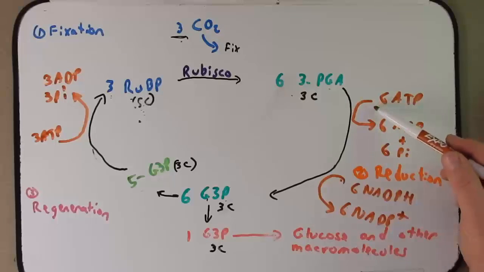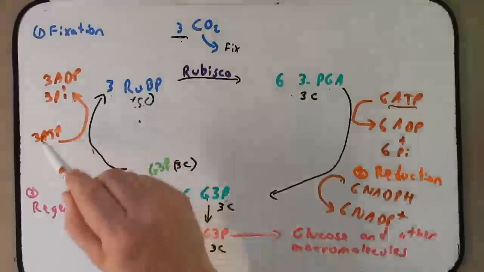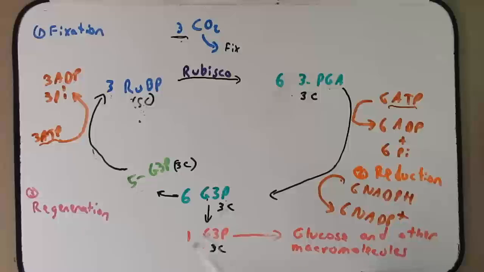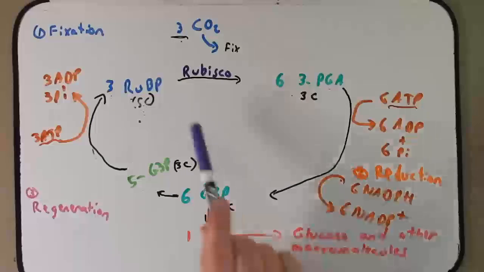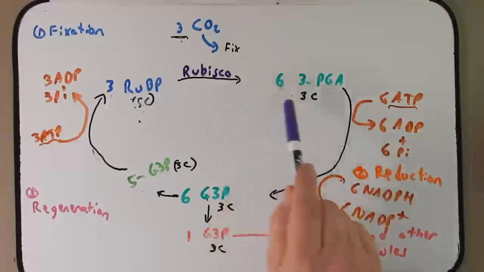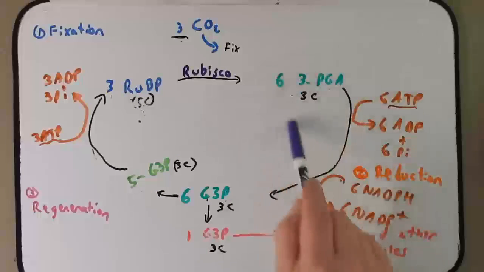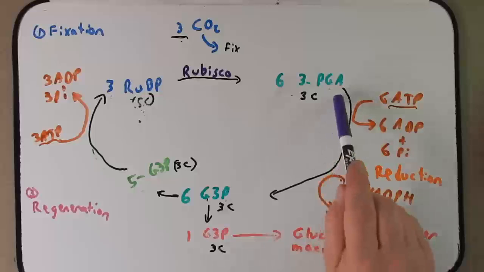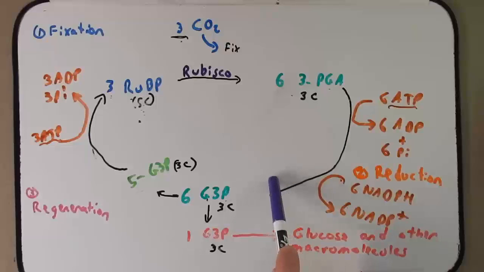We require this energy of ATP at both of these steps because both of these steps are breaking bonds and reorganizing the chemical bonds in these structures. So using fixation, we fix carbon to this RuBP molecule to make this molecule here, the 3-PGA. It then undergoes a bond rearrangement using ATP and NADPH to generate 6 G3P molecules.